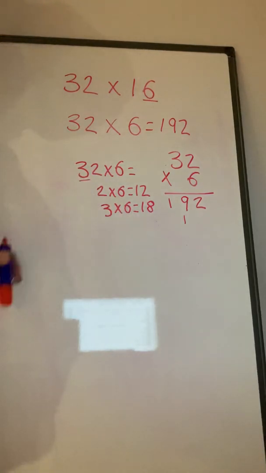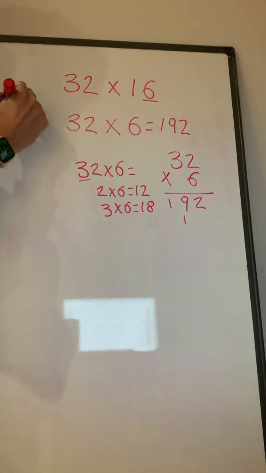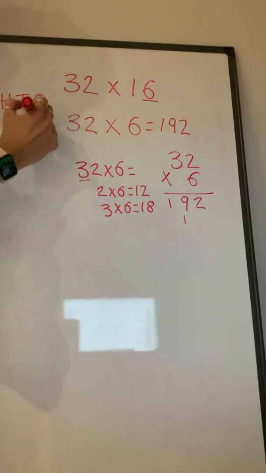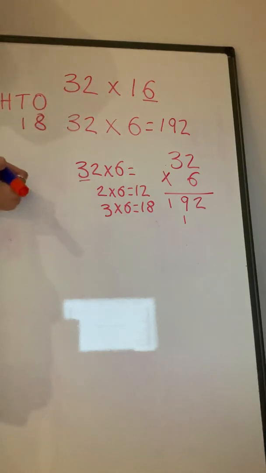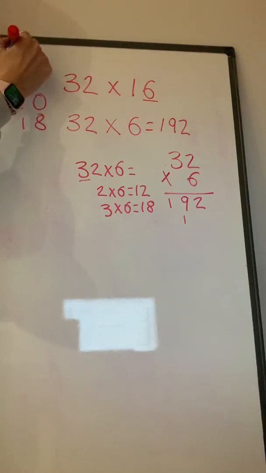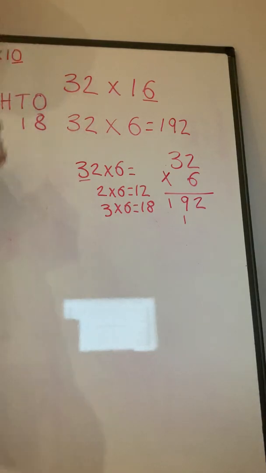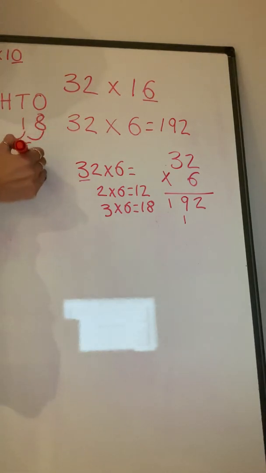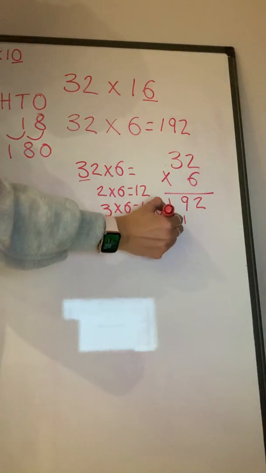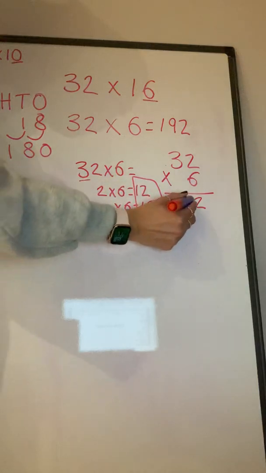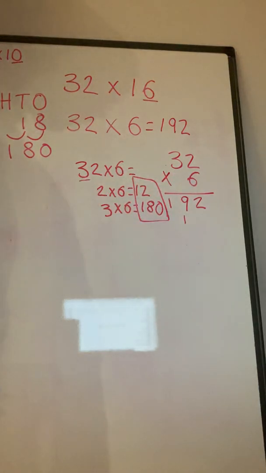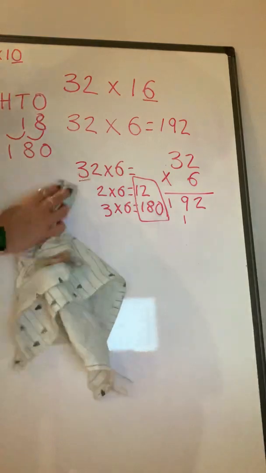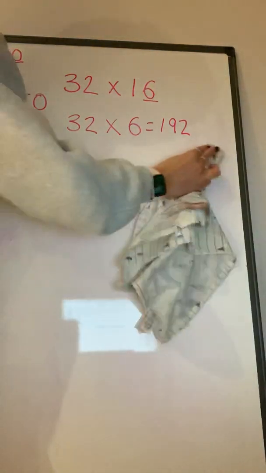We know when we're making a number 10 times bigger, here's my number 18, we're moving it one place, and left is larger. Move it one place to the left. We've got 180. And when you combine those two numbers, you get 192. So that's another way if you're not confident with multiplying a 2-digit number by a 1-digit number.